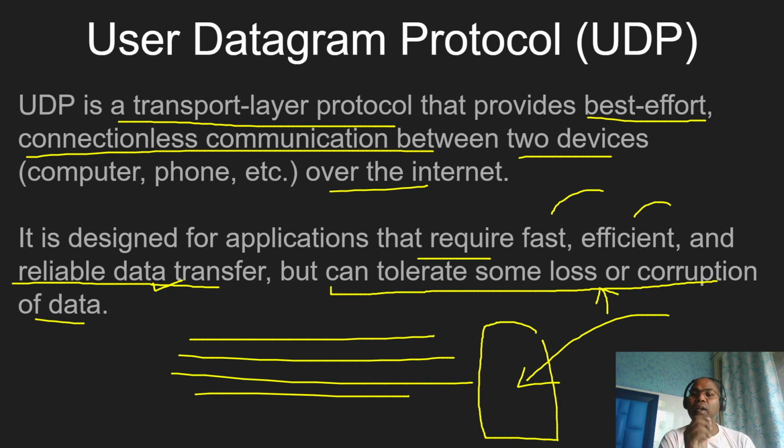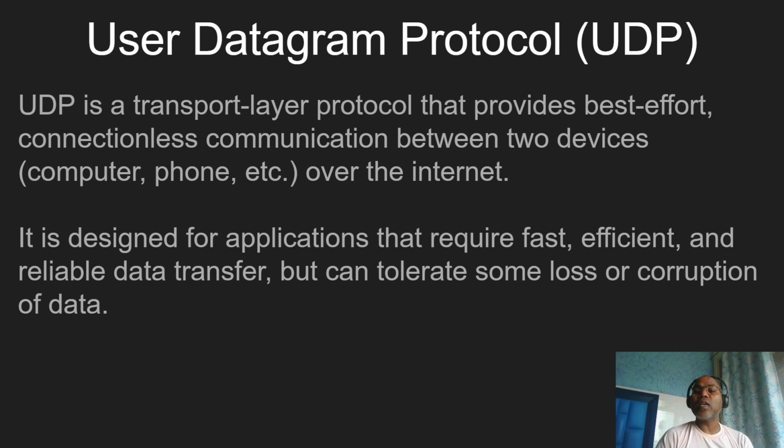Here data loss is possible, but it is still the nature of applications where some packet loss is manageable. So both protocols, TCP and UDP, are used depending on the nature of your application.